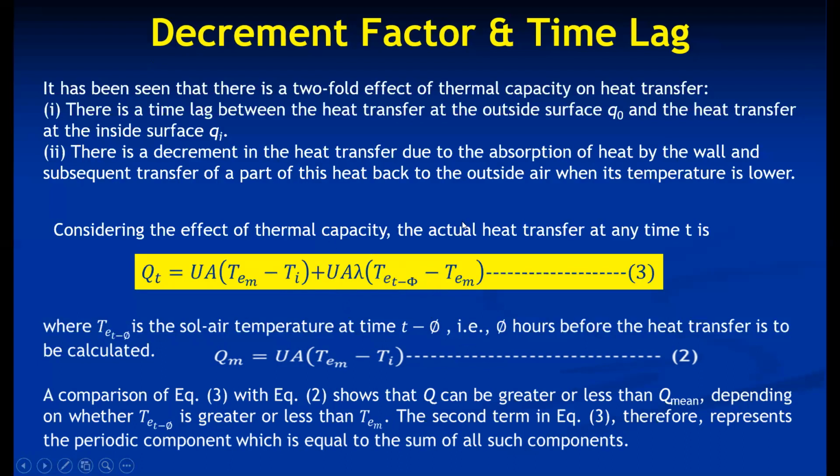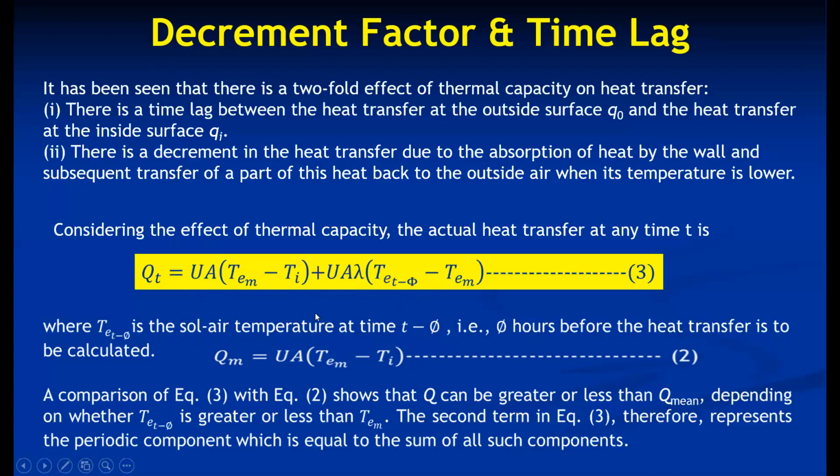Therefore, the second term in equation 3 represents the periodic component, which is equal to the sum of all such components. Every hour, this temperature is varying. The first term is a constant because it depends on the mean temperature, indoor air temperature, heat transfer coefficient and surfaces, so for a particular day it is constant. The periodic variation is UA lambda.